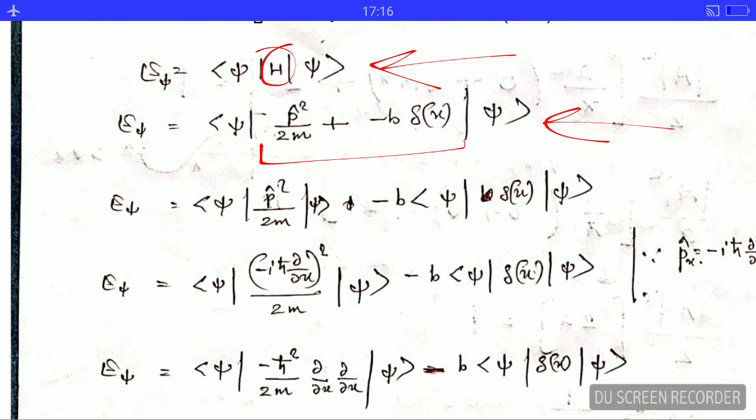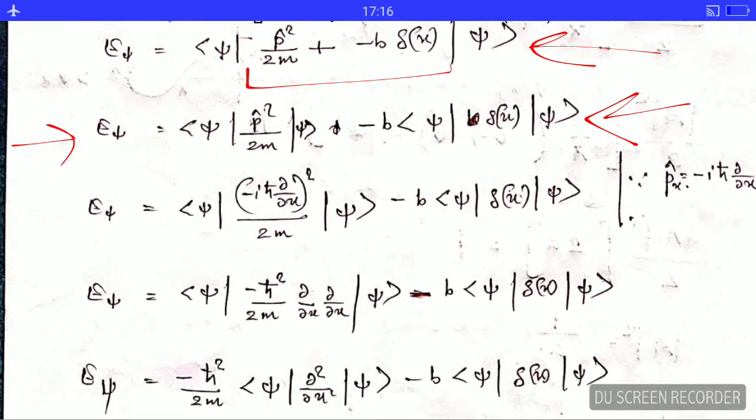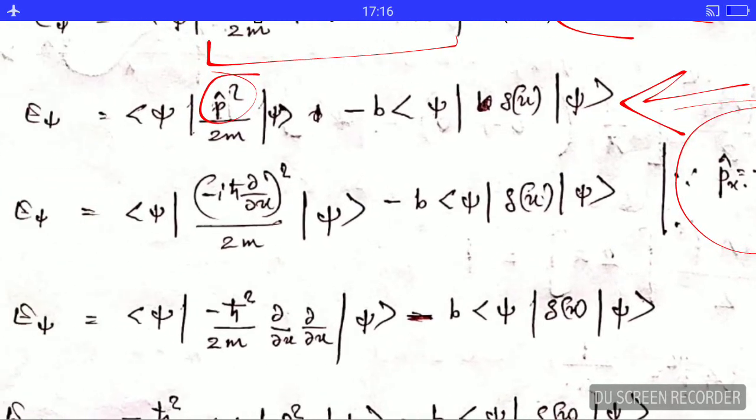In the further step, I have then separated the operators and used the bra-ket properly, and you can see this. Okay, now at this point I will plug the value of this momentum operator. Okay, so it is written here, the value of momentum operator is plugged at this point.